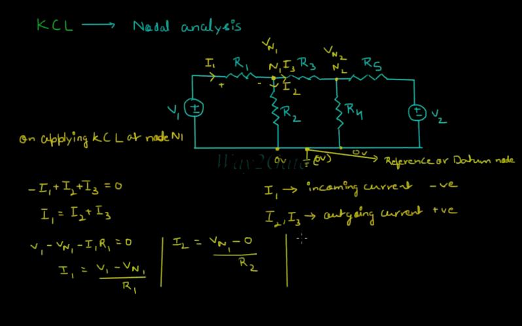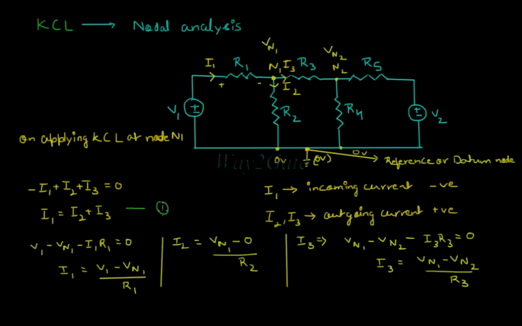Similarly, we have I3, which is current due to the potential difference between Vn1 and Vn2, and it can be calculated as shown. Vn1 minus Vn2 minus I3 R3 is equal to 0. I3 is equal to Vn1 minus Vn2 divided by R3.